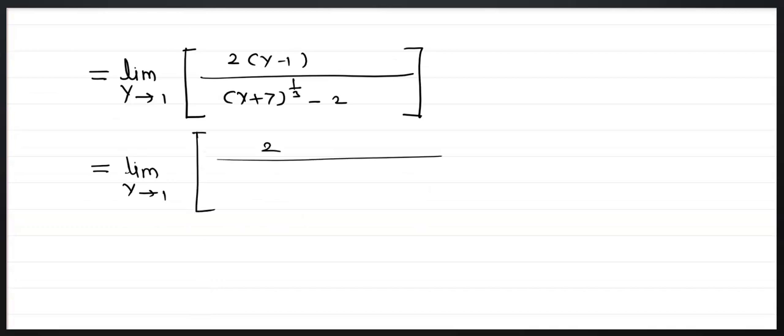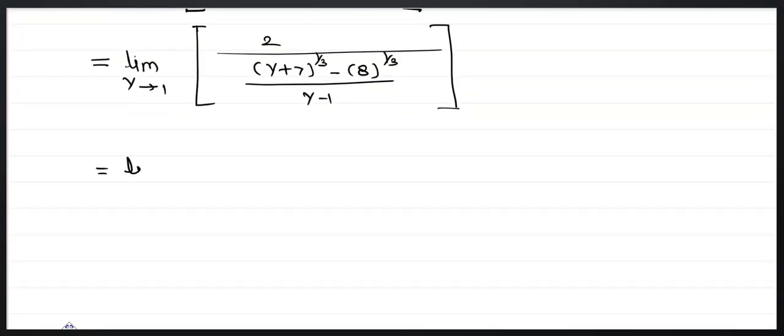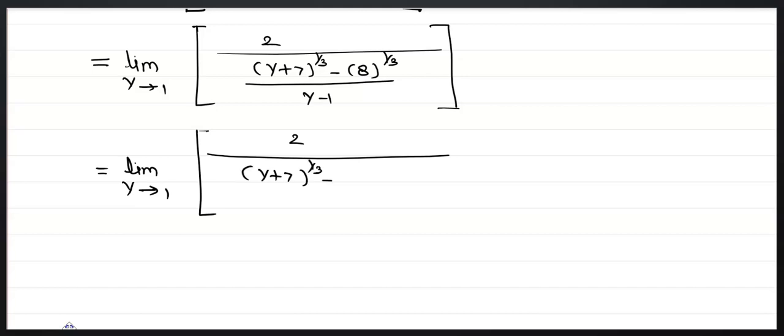Now, what is our substitution here? y plus 7 raised to 1 upon 3, and here 2 means 8 raised to 1 upon 3, upon y minus 1. That is 2 upon y plus 7 raised to 1 upon 3 minus 8 raised to 1 upon 3.